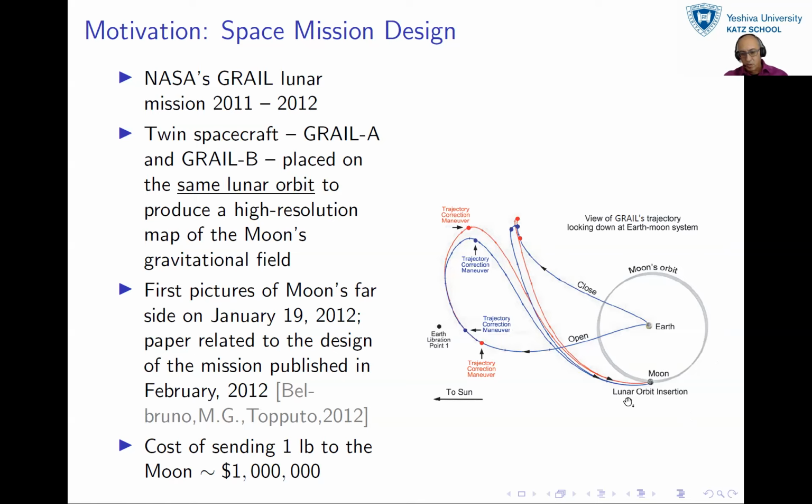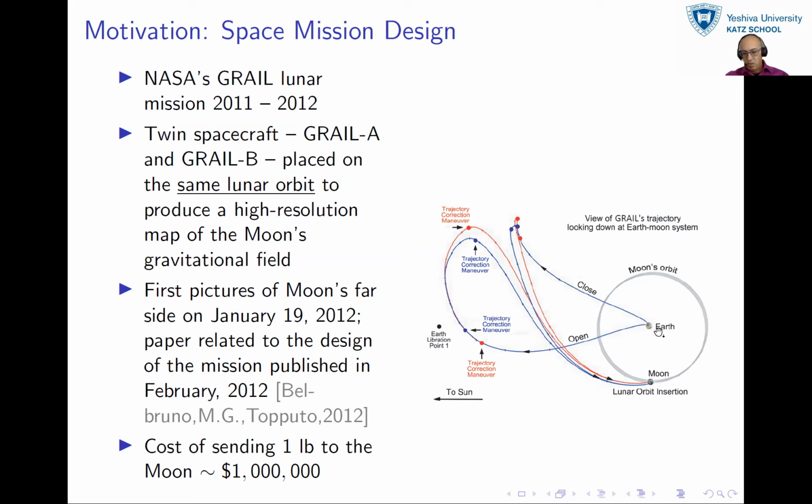There are actually two types of trajectory that could have been used. In space mission design, people always need not one solution to a problem, but several solutions. Let's just say something goes wrong, so they need to figure out another solution to get to the moon. That's why you see two sets of pairs of red and blue trajectories that go from the Earth to the moon. Again, red is for one satellite and blue is for the other.